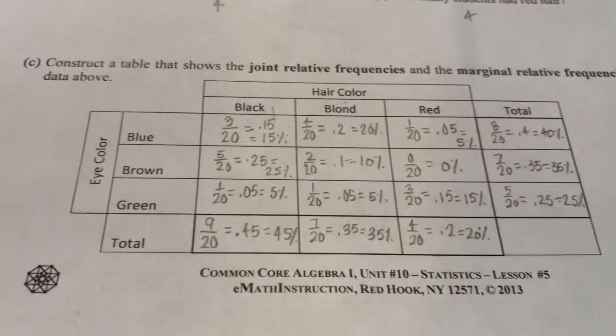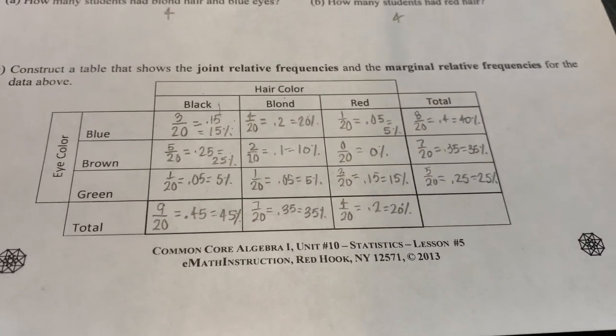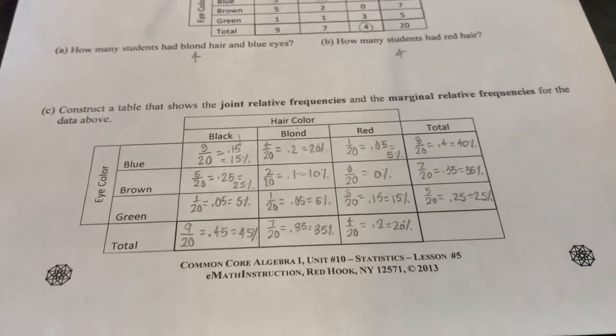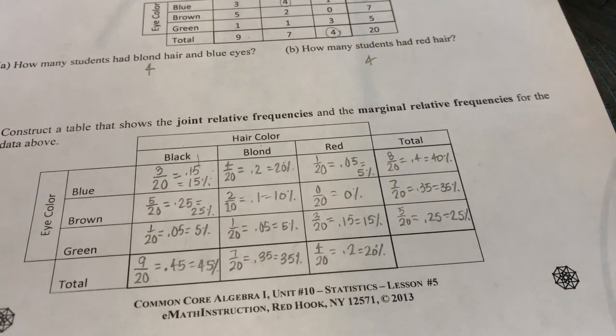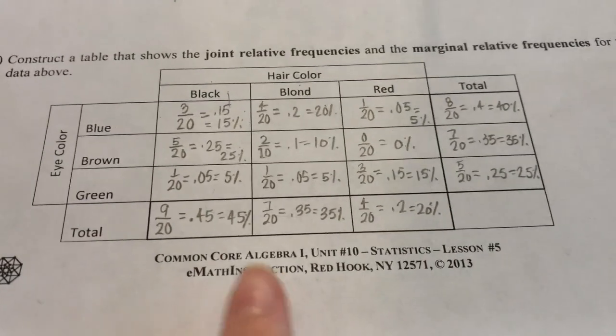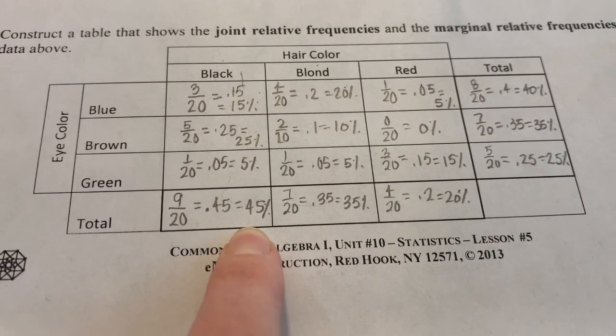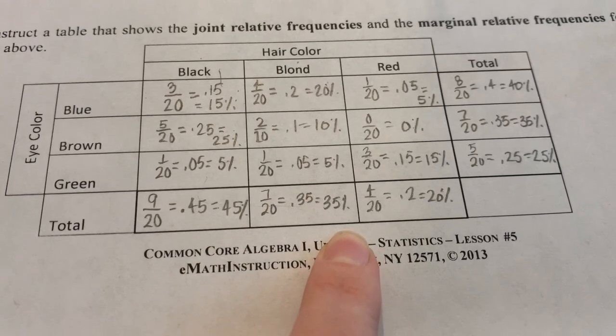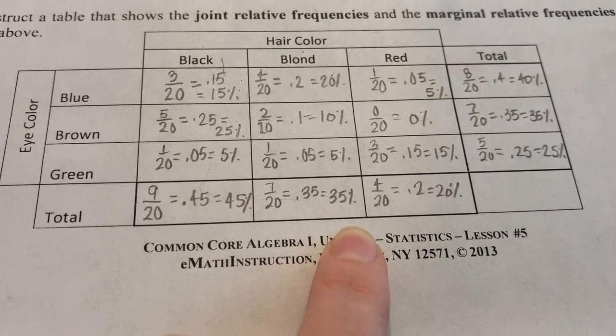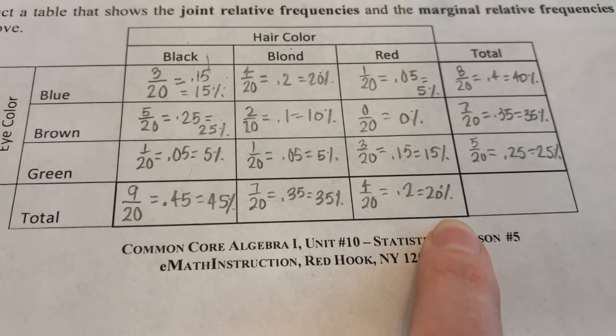So what we're talking about here is, it's called relative frequencies for a reason. So it's relative to what it is you're looking at, okay? So a total 45% of kids have black hair in the class. A total of 35% of kids have blonde hair in the class. And then a total of 20% of kids have red hair in the class, okay?